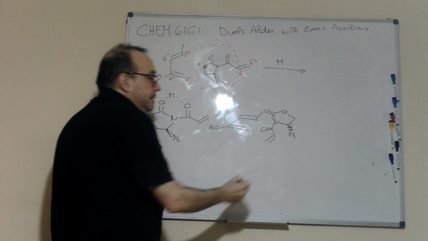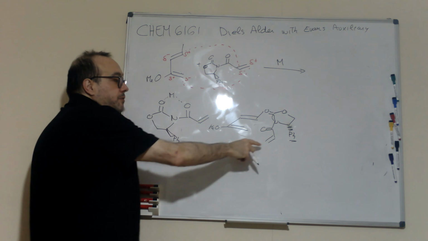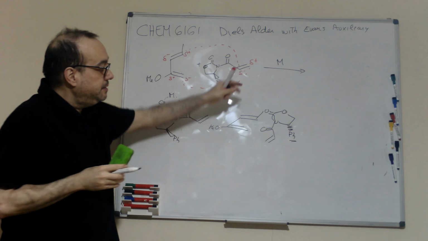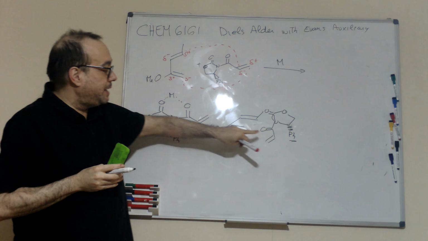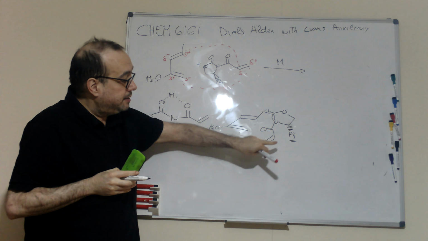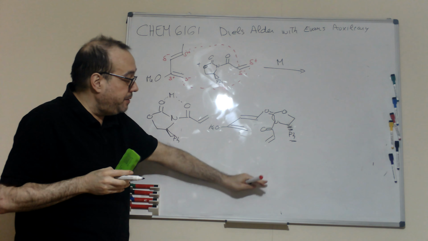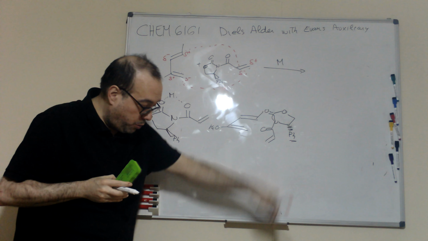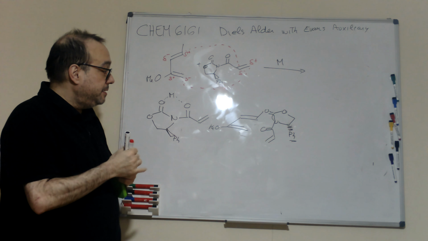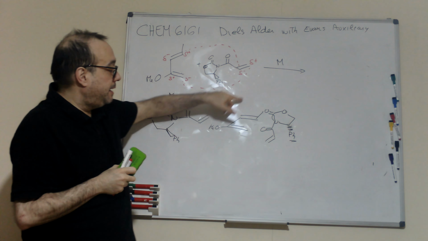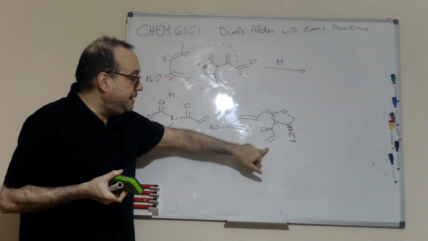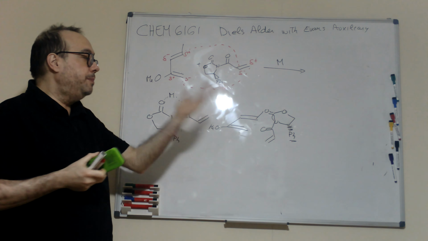That means if this double bond is coming from the top face, this phenyl will crash with the diene. If instead the dienophile is coming from the bottom face, this phenyl is going more to the bottom, so it will not affect. In the first case, because we have a crash between the phenyl and the dienophile, this will be disfavored. That means that this double bond has to come from behind.